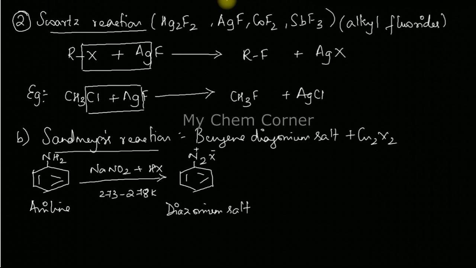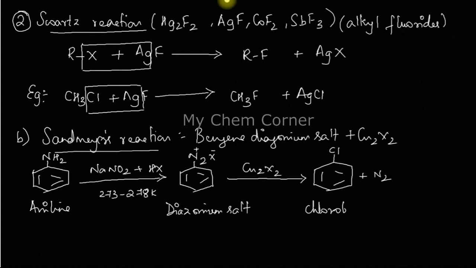Out of that, when you take this particular diazonium salt and treat it with Cu2X2, the entire diazo group will come out and a halogen will be on it. So what have I done? I've replaced the entire group there, and nitrogen on this aromatic system will be liberated as N2 gas. So here I am trying to prepare chlorobenzene from a diazonium salt.